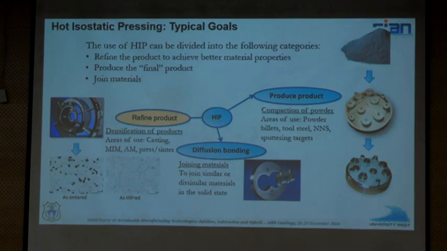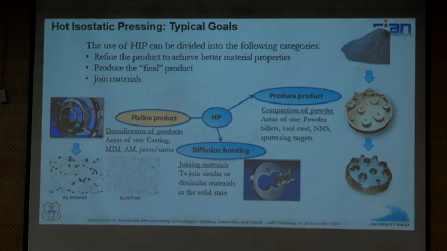So, typical goals. HIP is not new. HIP has not been developed for AM. That you must understand. HIP technology is fairly old, and the typical goals for using HIP have been to, of course, always get better mechanical properties, and produce the final product by the powder metallurgy route, right?